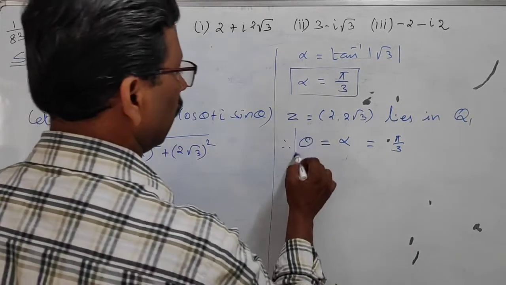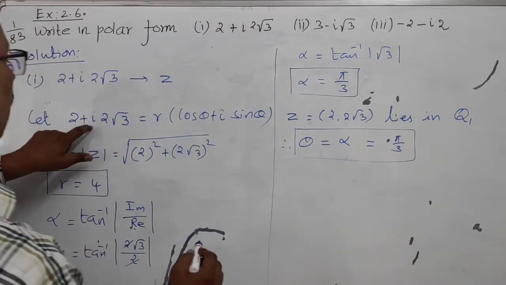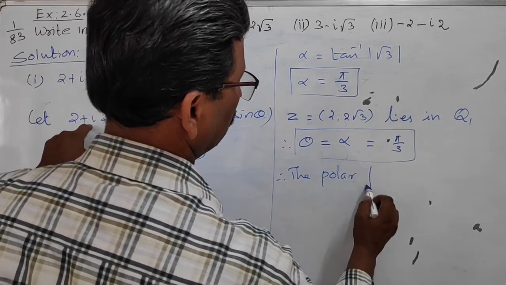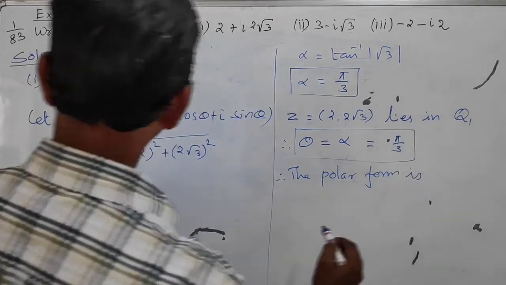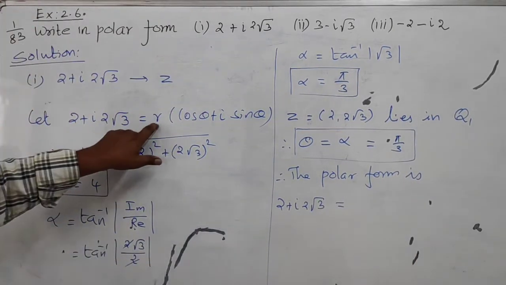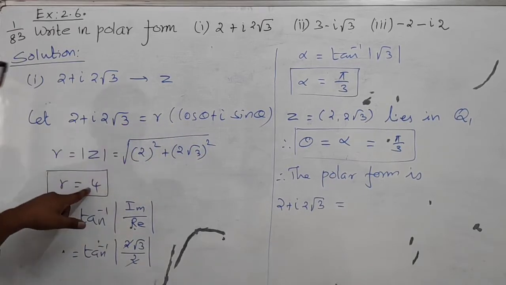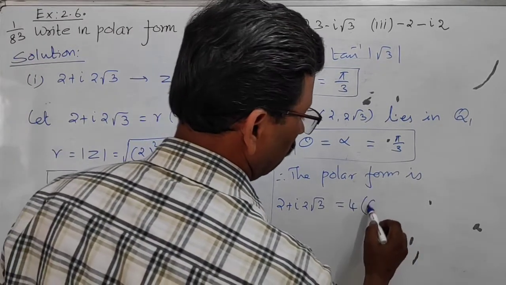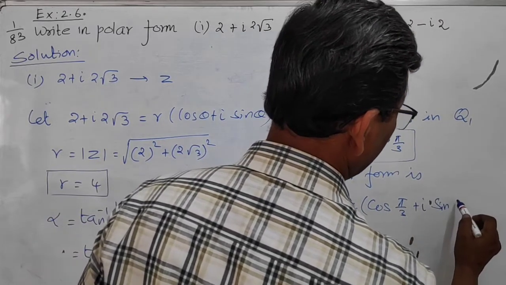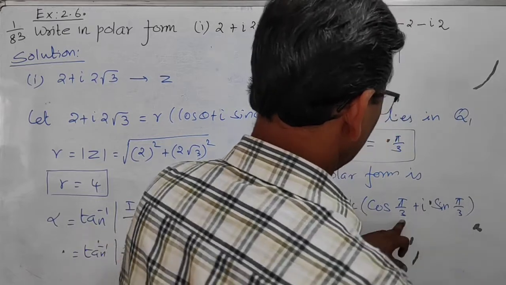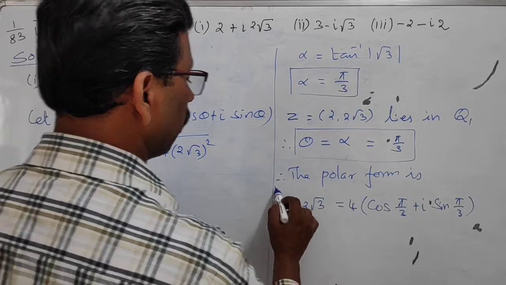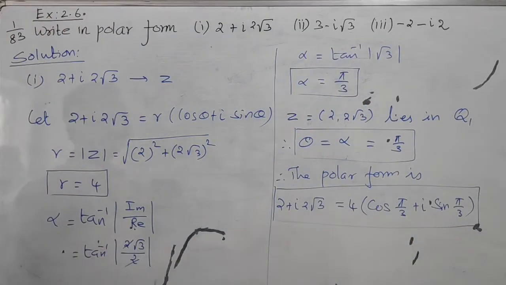Now we have found the values of r and theta. Hence the polar form is 2 plus i 2 root 3 equals 4 into cos pi by 3 plus i sin pi by 3. This is called the polar form of the complex number 2 plus i 2 root 3.